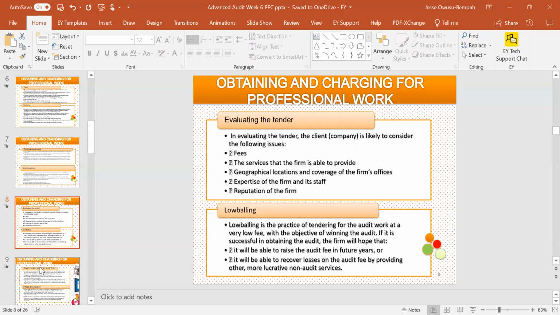Once you are accepted, then in future years, you can raise it. Or also, once you get in, you can be provided other non-audit services as well that can make you money. So that's a strategy. It's called lowballing. You charge low audit fees. Any questions here?